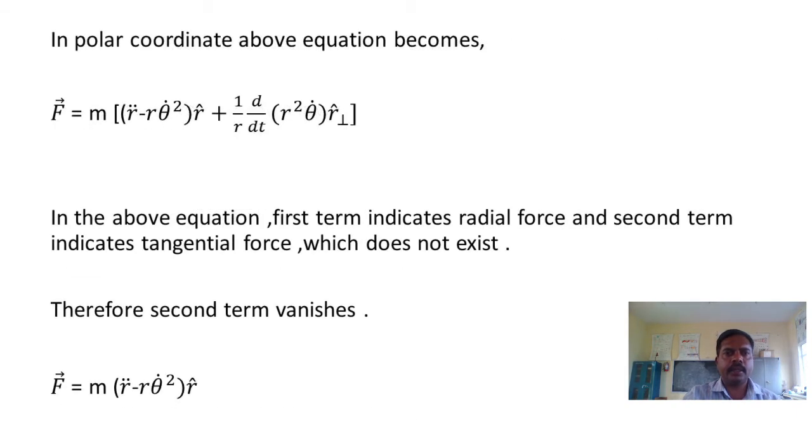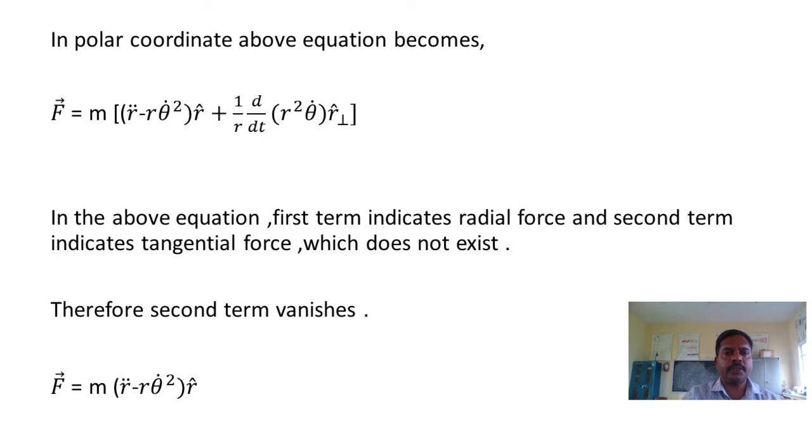of the planet. In terms of polar coordinates, the above equation is written as vector F equals m into (r double dot minus r theta dot square) into the unit radial vector plus (1 by r) d by dt of (r square theta dot) into the unit tangential vector.